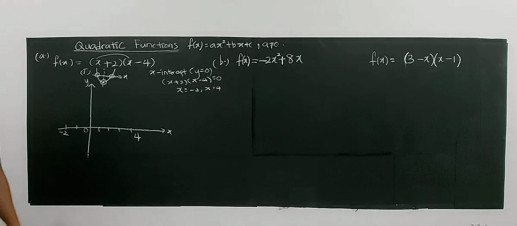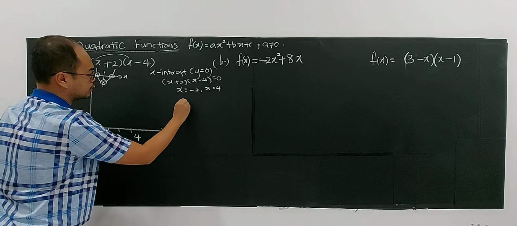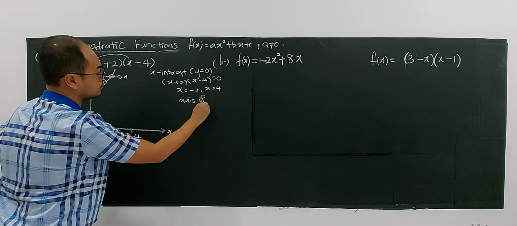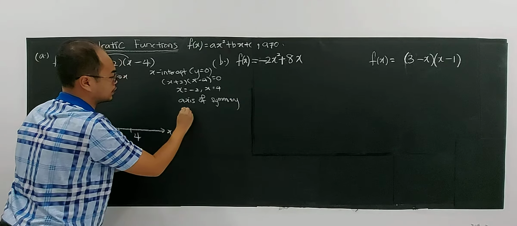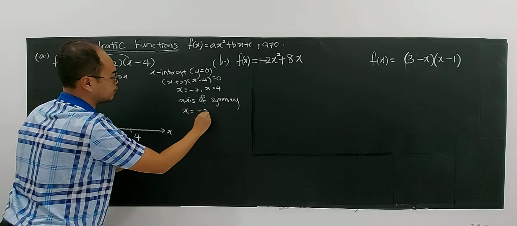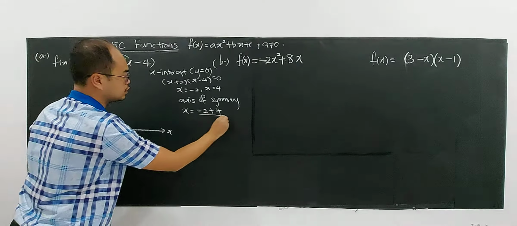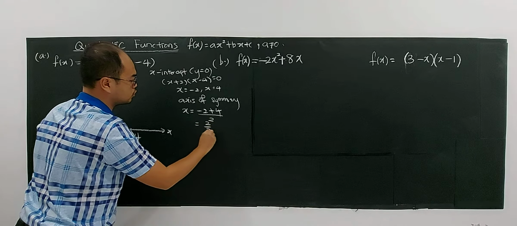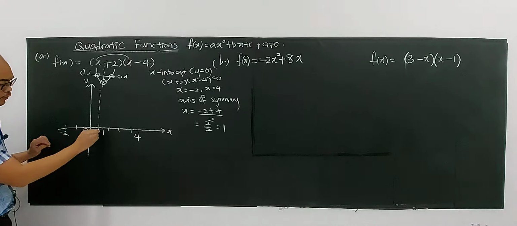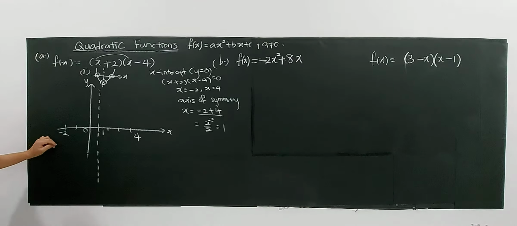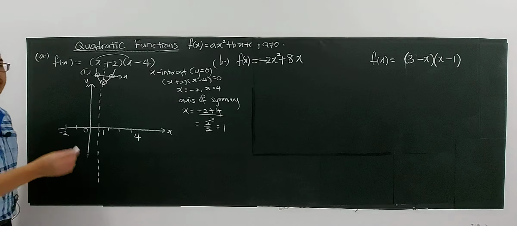To determine the axis of symmetry, you take -2 plus 4 and divide by 2, which is 2 over 2, you get 1. So 1 will be your axis of symmetry, and there must be a minimum point somewhere here. So you need to find the minimum point.